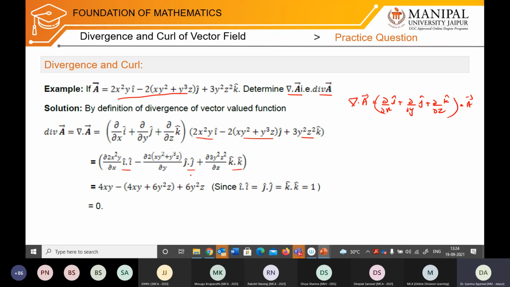So just find the derivative of these three terms and we can see that this term is a scalar. No i cap, j cap, k cap exists anymore because it converted into 1. So divergence applied on the vector gives a scalar field.